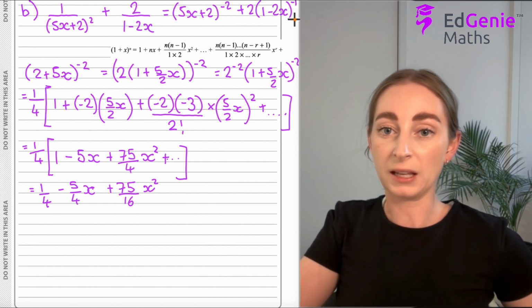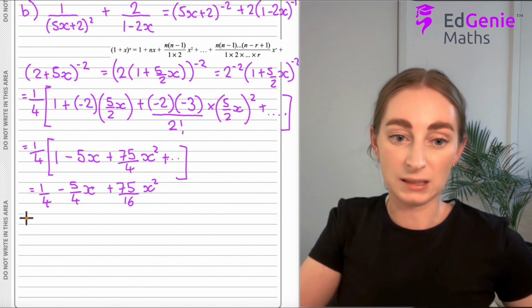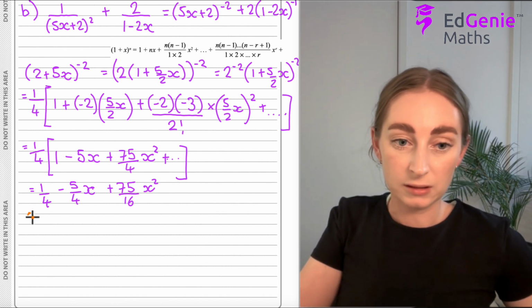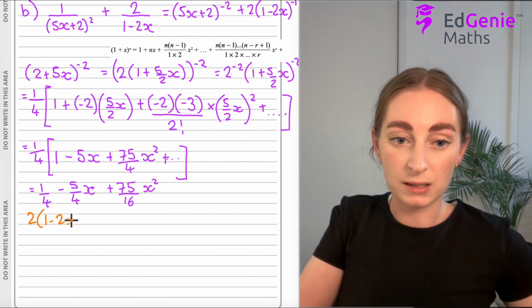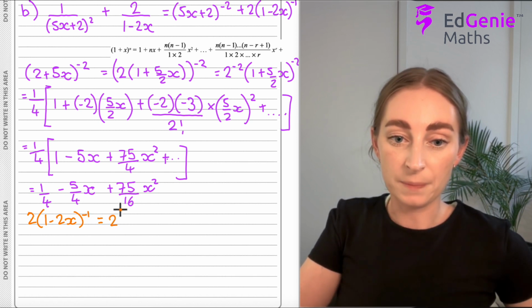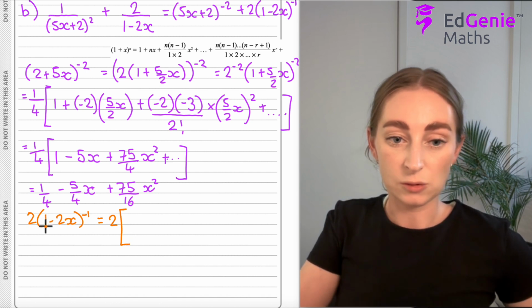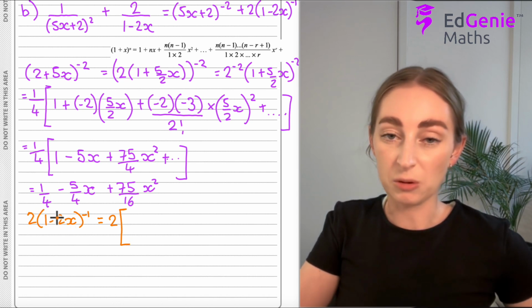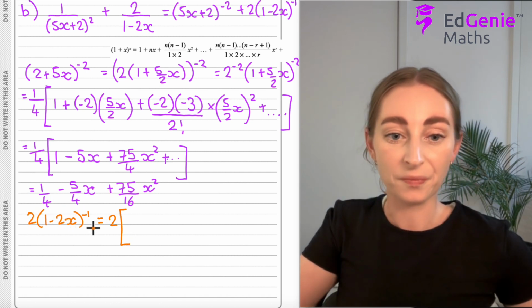Now we need to have a look at this one here. So 2 bracket 1 minus 2x, the power of -1. So 2 lots of 1 minus 2x to the power of -1. Luckily, we don't need to take out any factors for that one because it's already 1 there, but we do need to multiply the whole thing by 2.